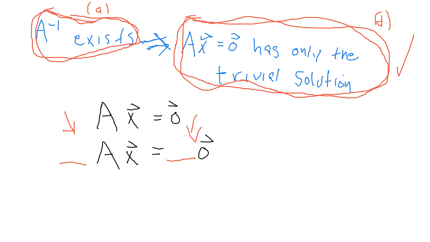So what I do is I write down the equation A times X equals 0. And then I want to multiply on the left side the A times X vector, that's a vector, by a matrix, by something here on the left.